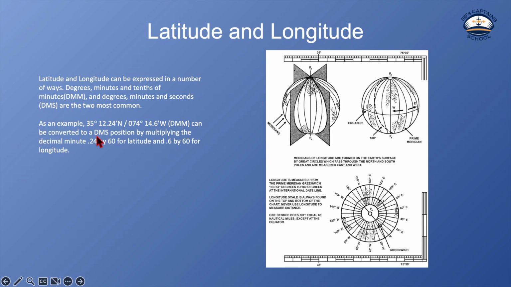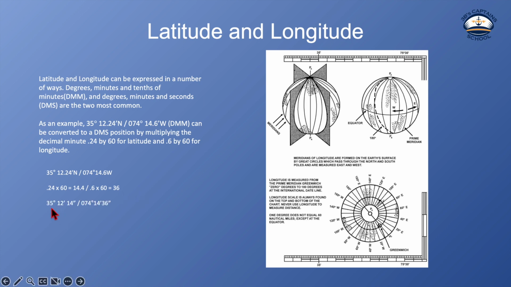And we can convert that to a degrees, minutes, and seconds position simply by multiplying the decimal minute, 0.24, by 60 for latitude, and the 0.6 on the longitude, which is 6/10 of a minute, by 60 to get our longitude in seconds. So 0.24 times 60 for the latitude equals 14.4. So that's 14.4 seconds. The 0.6 times 60 in the longitude equals an even 36 seconds.